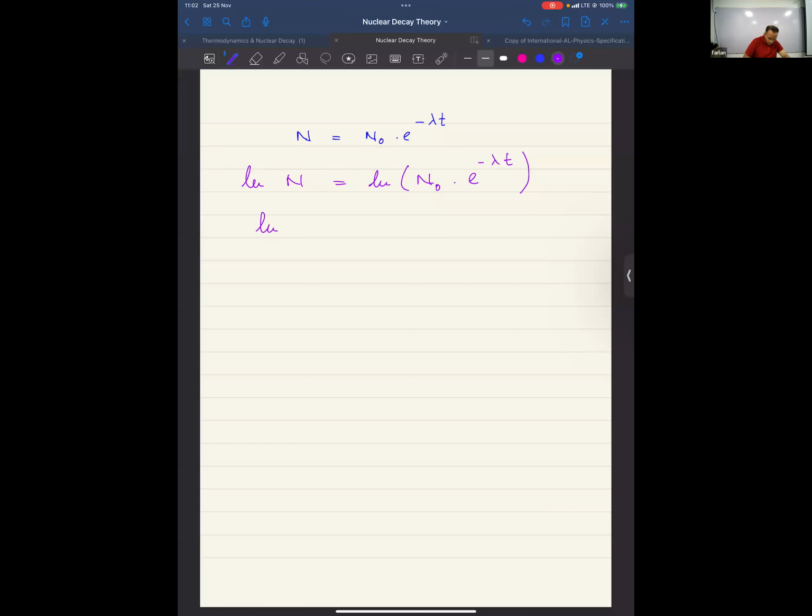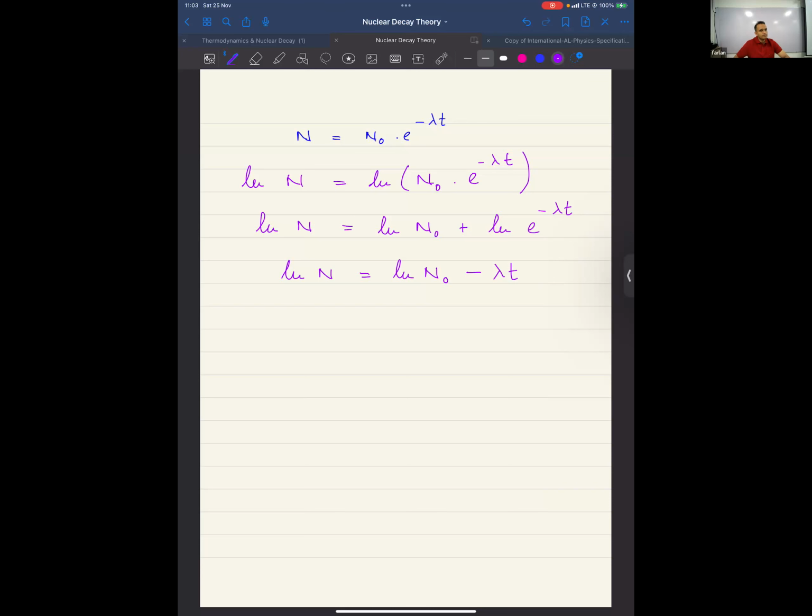If we use the product rule of logarithms on the right-hand side, ln of N naught into e to the power minus lambda t will become ln N naught plus ln e to the power minus lambda t. Which is ln N equals ln N naught, and ln e to the power minus lambda t is equal to minus lambda t.